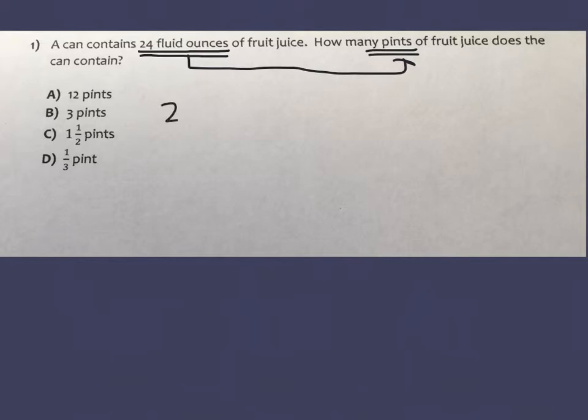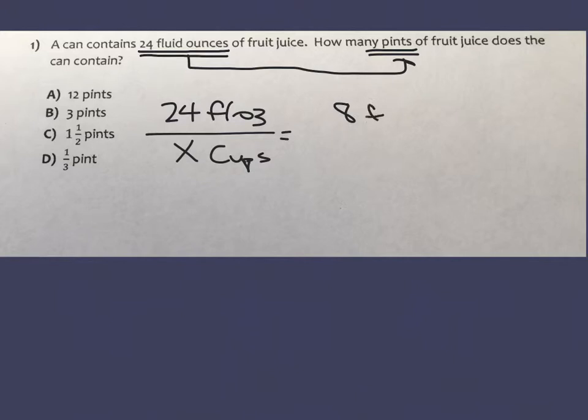So we have 24 fluid ounces. And we want to know how many cups is that? Our STAAR reference card says 8 fluid ounces is 1 cup. Now, which proportion solving strategy should we use?